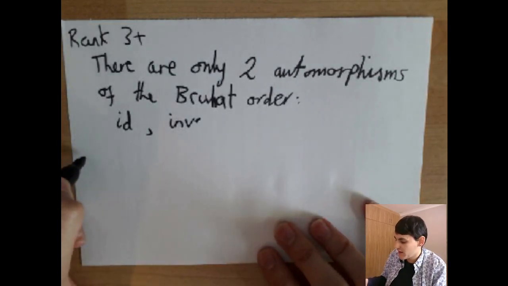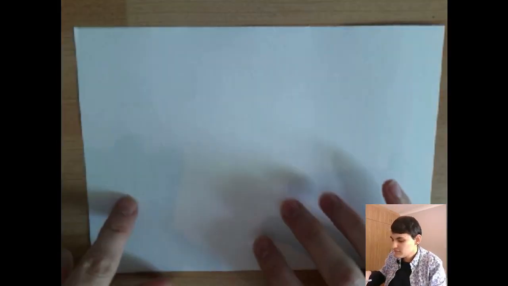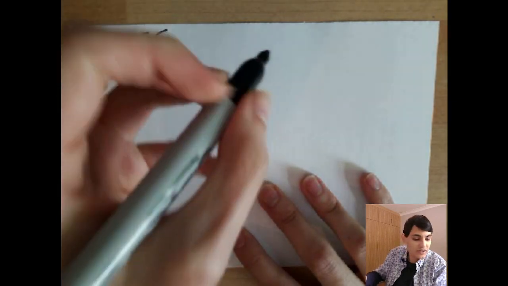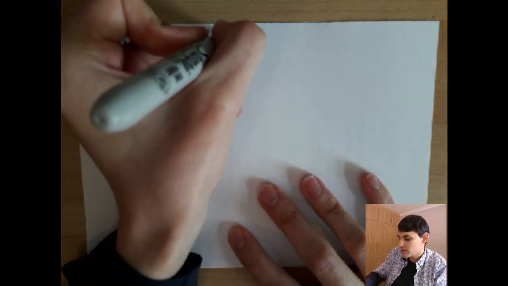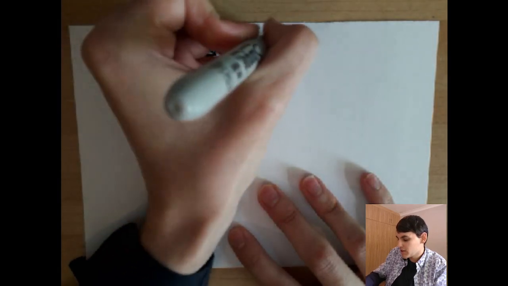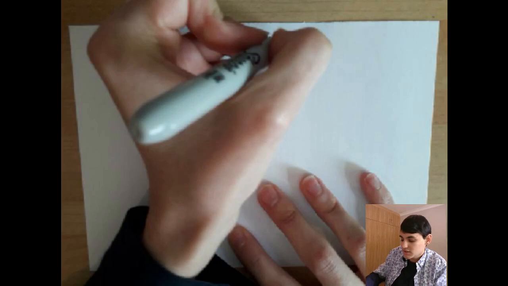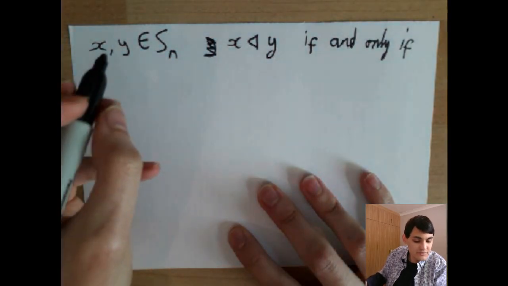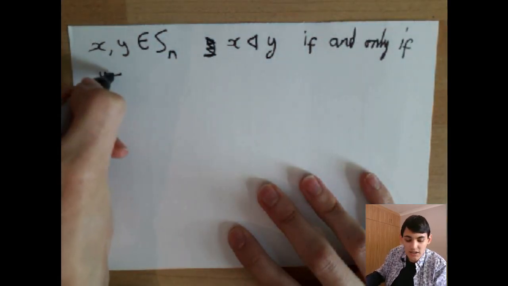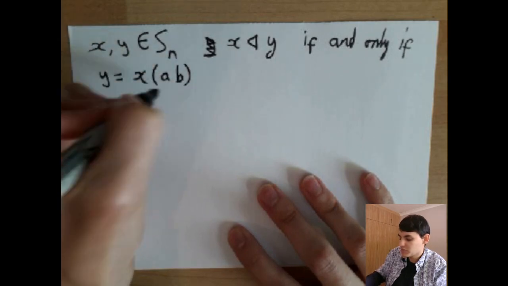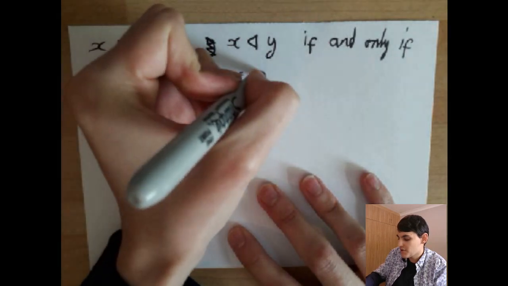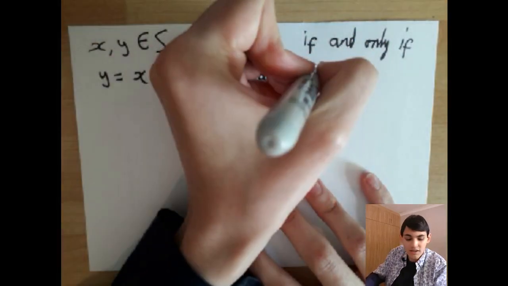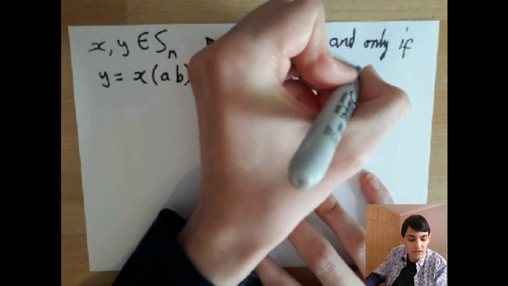If you have X and Y in S_n, then Y covers X, or X is covered by Y, if and only if Y equals X multiplied by some transposition (A B), for A less than B in the normal less-than sense, and X of A is less than X of B.